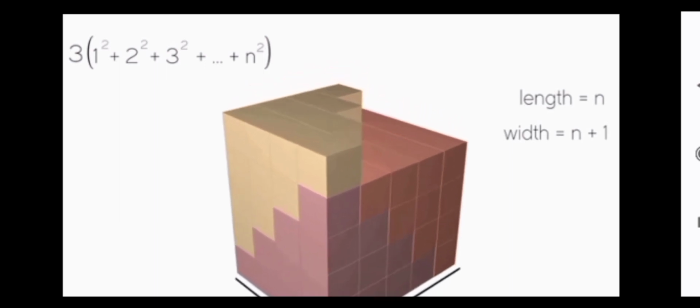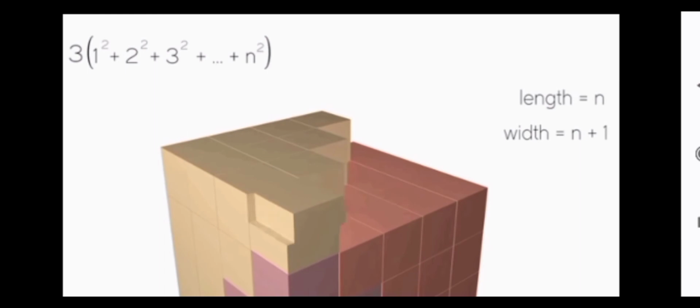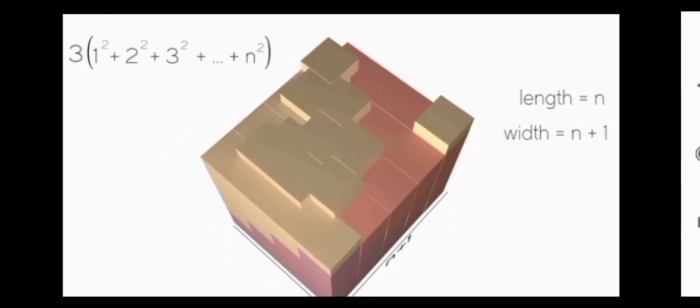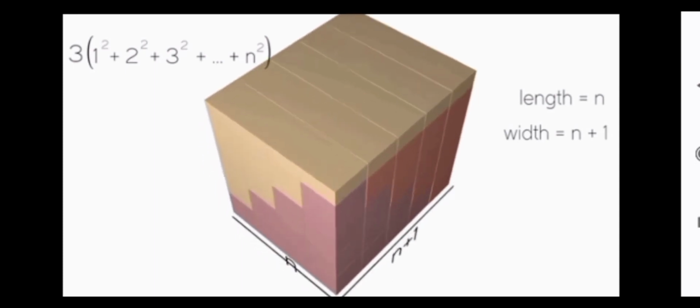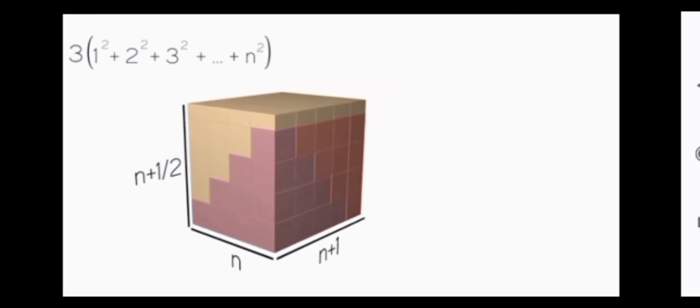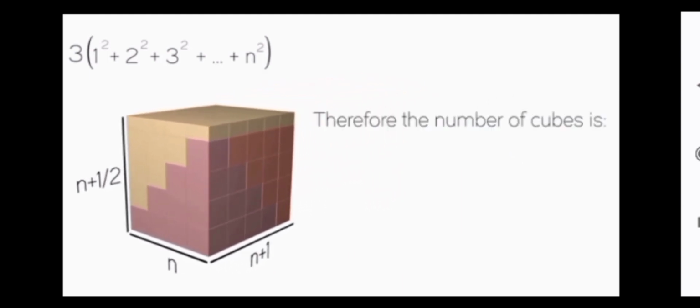As you can see in the figure, there are missing parts on top, so we can fill it by getting half of the units. Now the height is equal to n plus 1 half, so n plus 1 half for our height. Therefore, the number of cubes is n times n plus 1 times n plus 1 half.